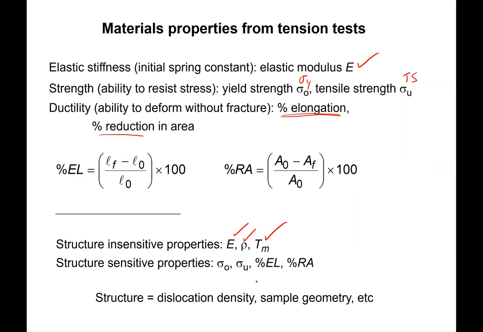For example, my elastic properties will not change. So the yield strength, the tensile strength, and things like ductility, these will all change with the number of dislocations in my sample, maybe the size of grains in my sample. So those would be structure sensitive properties. Okay. They're still material properties.